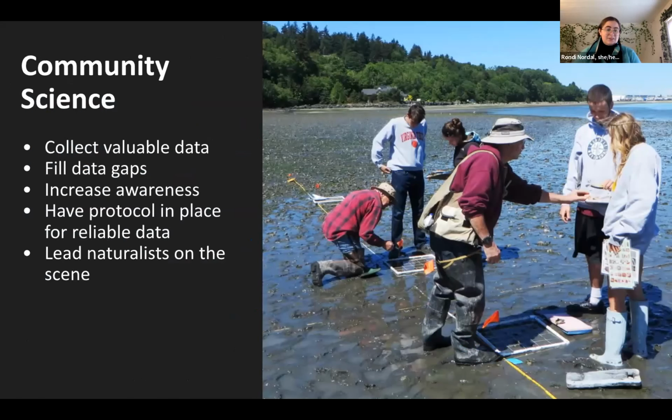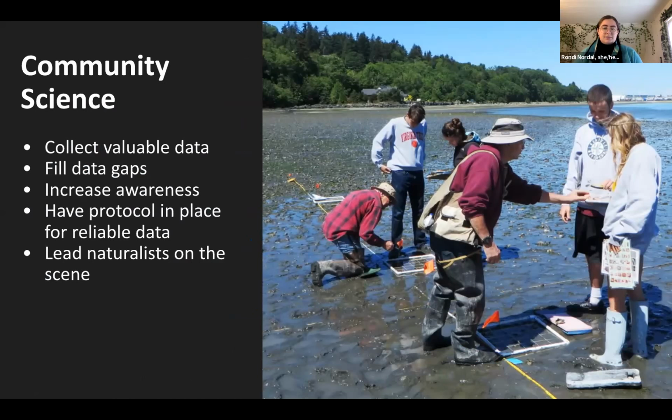So what is community science? These surveys are part of community science, and it's a vital part of our work as it lets us cover more ground and fill data gaps better than if we relied on only staff time. It's also a great way to raise awareness for environmental issues and get people involved in the scientific process.